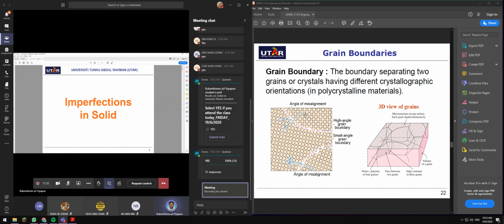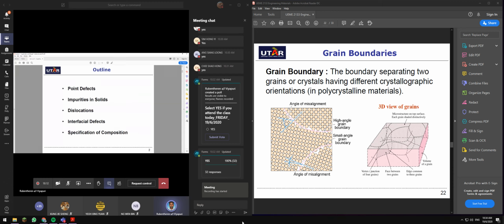Only in theory is everything perfect. In practical terms, all of them are imperfect. The same goes for defects in solids. You have lots of defects, and those definitions are in the slide: point defects, impurities in solids, dislocations, and interfacial defects.